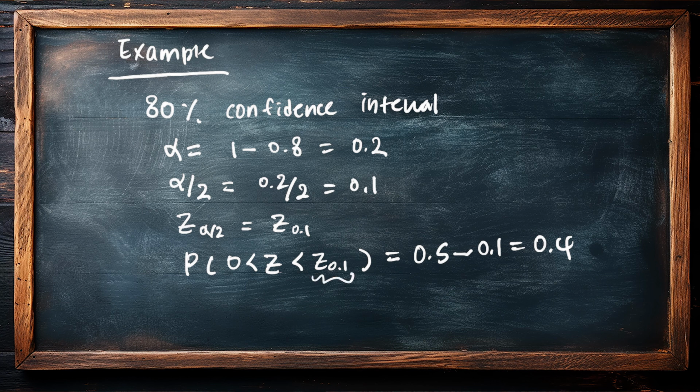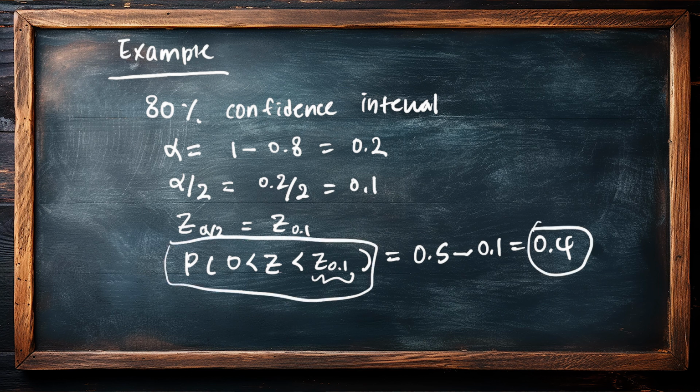Using the table, we can find that the z value that corresponds to 0.1, such that this probability is 0.4, is 1.28.